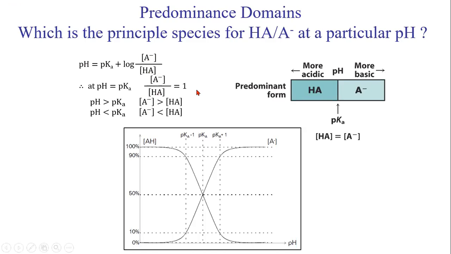That's an area where A minus is greater than HA. If my pH is less than pKa, then pH minus pKa is negative, so that's 10 to a negative number. That will tell me that my A minus will be less than HA. So when I'm becoming more acidic, I have more HA, more basic, more A minus. And my pKa is my midpoint, where I have equal amounts of HA and A minus.